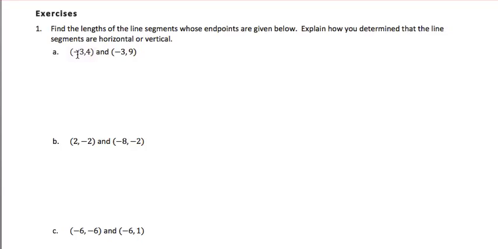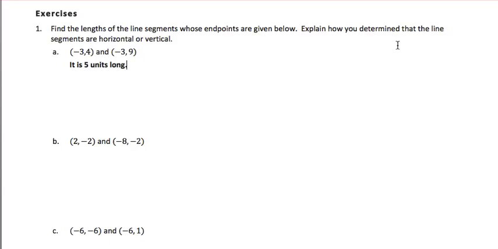So in 1A, we have (-3, 4) and (-3, 9). Our x-coordinates are the same, so our y-coordinates will determine the length. And both numbers are positive, so we subtract and find that it is 5 units long.